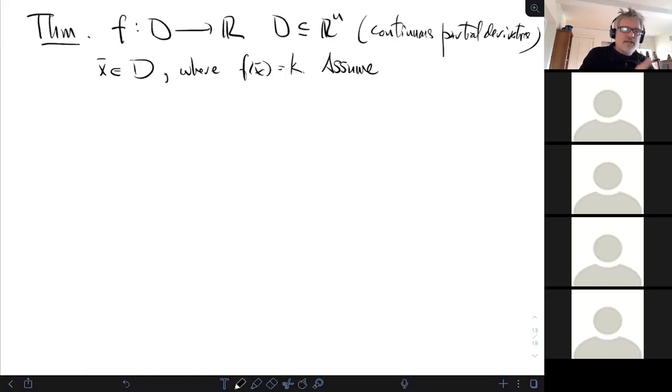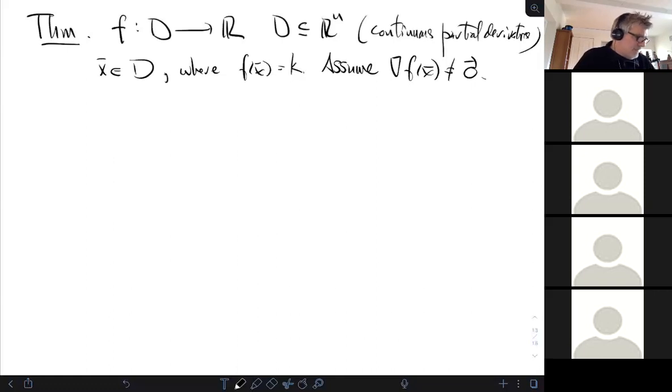This theorem is really a bit heavy to state, but you have the intuition and the proof is actually not too difficult. So assume that the gradient of f at this point is not the 0 vector. Otherwise, this is not interesting.